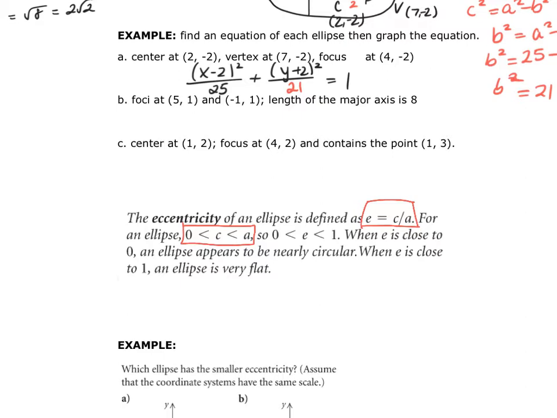So what we know is that my eccentricity has to run between 0 and 1, obviously not 0 and not 1. The closer my eccentricity is to 0, the more circular the shape is, and the closer my eccentricity is to 1, the flatter the ellipse is.